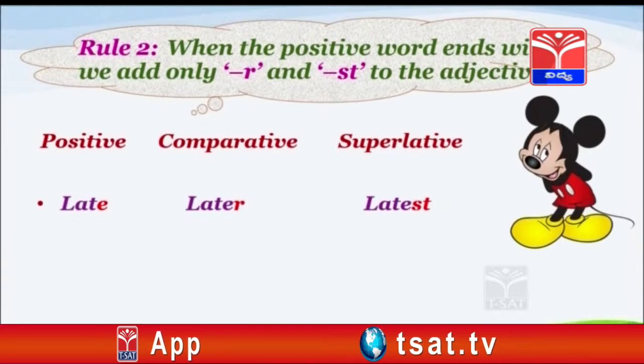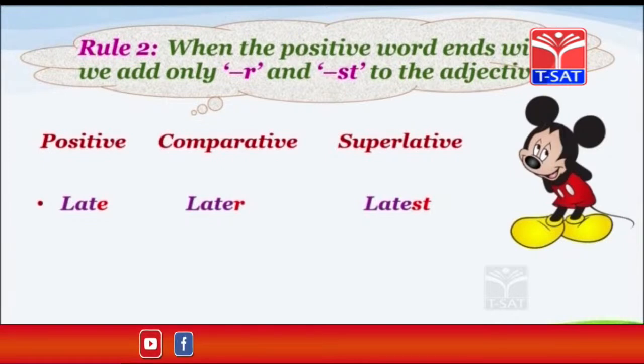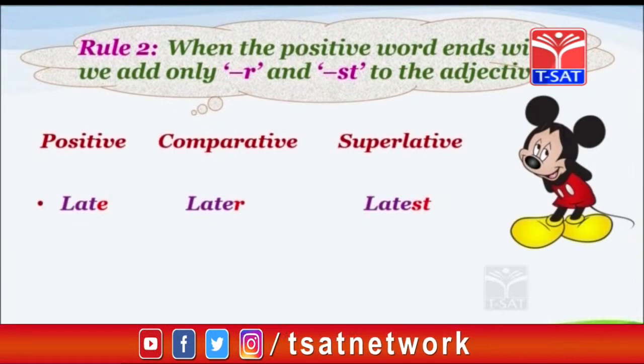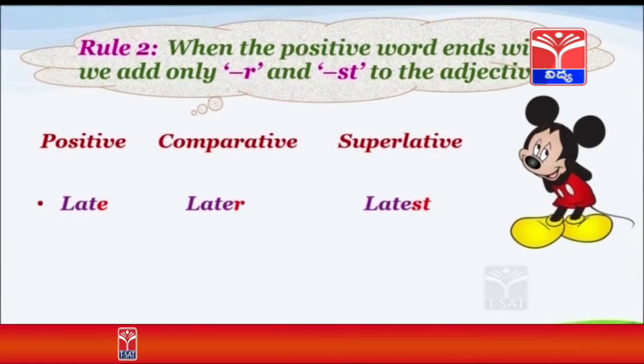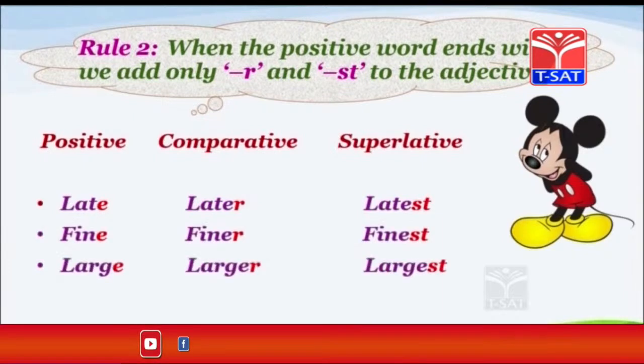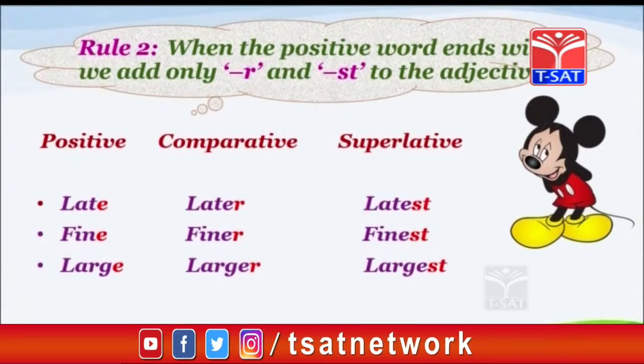For example, the word late, which ends with the letter E, when it changes to comparative degree, we have to add only the letter R, and when it comes to the superlative degree, we should add only ST. But in the previous rule, we learned that if we add the letters ER, it becomes comparative.